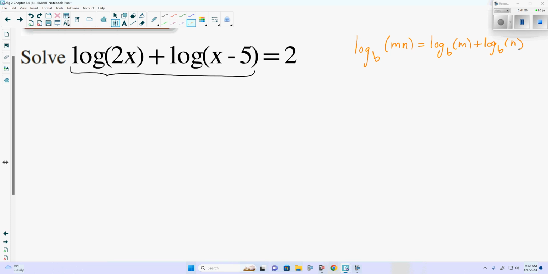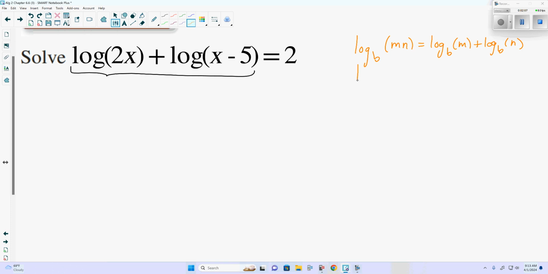We worked with this before spring break: a single log with what's inside being multiplied can be rewritten as two logs being added. We can also go the other direction. If I have two logs being added together with the same base, we can rewrite it as a single log with what's inside being multiplied.